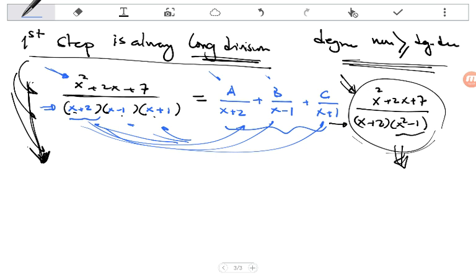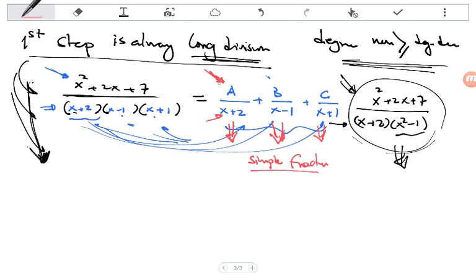Okay? And each of these is called a simple fraction. In a simple fraction in this form, the numerator must have a degree which is less than the denominator. So if this was a first degree bracket, the numerator must be 0 degree, which is a constant. What are simple fractions? A simple fraction is a fraction which cannot be simplified in any more simple form.